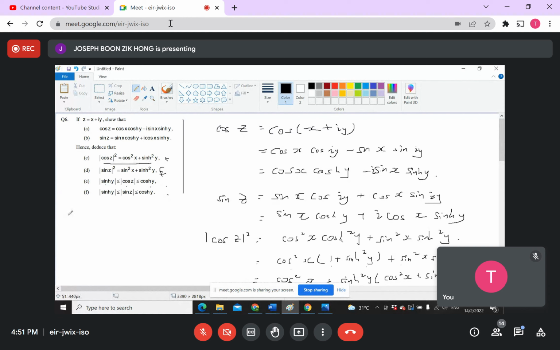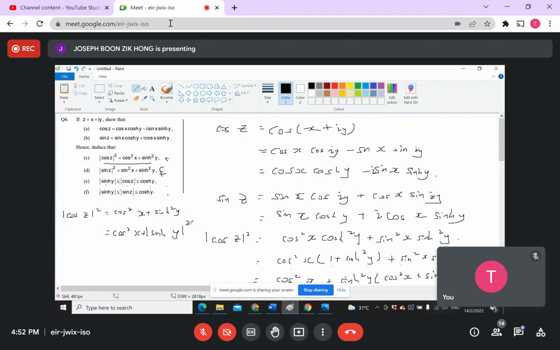So since I know that cos z square is equal to cos square x plus sine hyperbolic square y, that means this one actually is equivalent to, let me see, okay. So basically you will have something like this.